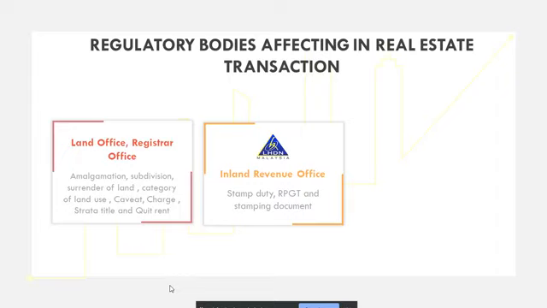Those are subject to stamp duty. This stamp duty is important when it comes to real estate, whether they want to buy or sell the property, they must take into account all the costs involved.